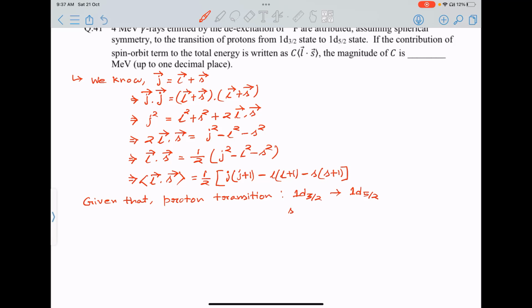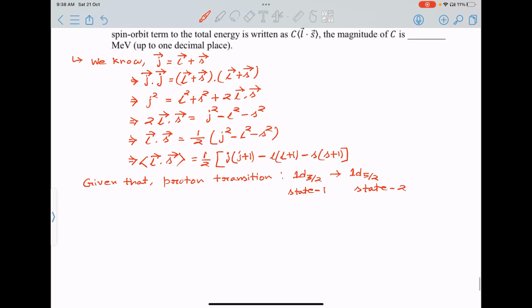So let me consider 1d 3/2 state as state 1 and 1d 5/2 state as state 2. Here you can say J1 corresponding to state 1 is 3/2 and J2 which corresponds to state 2 is 5/2.